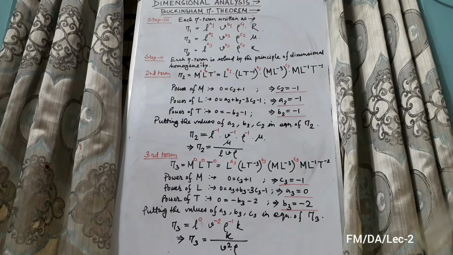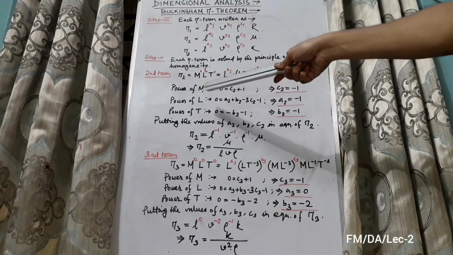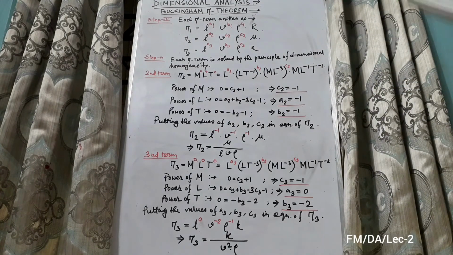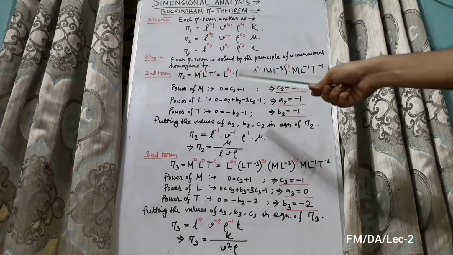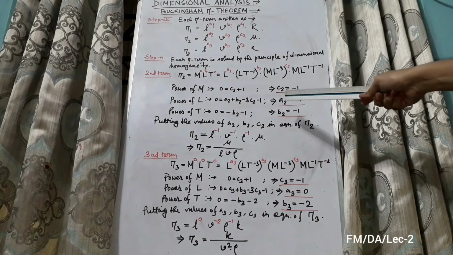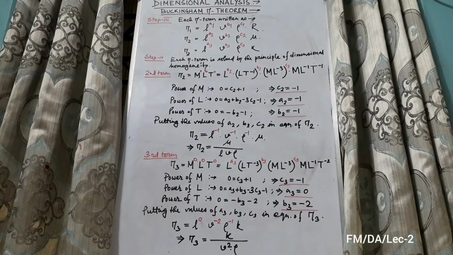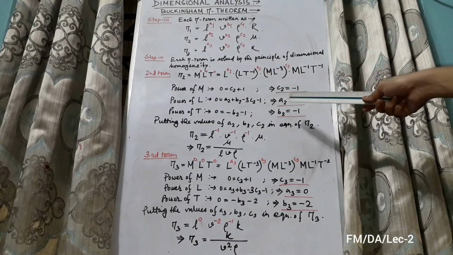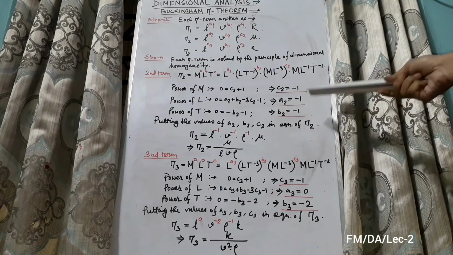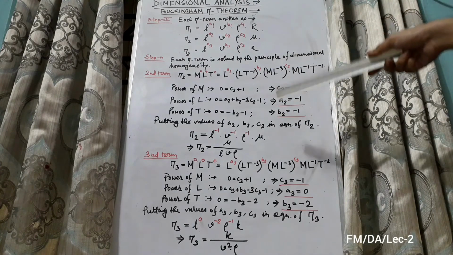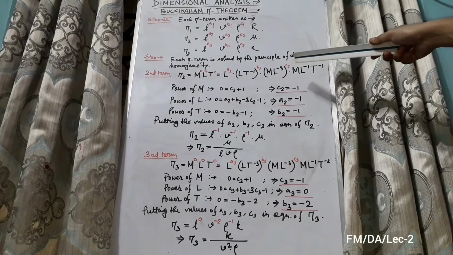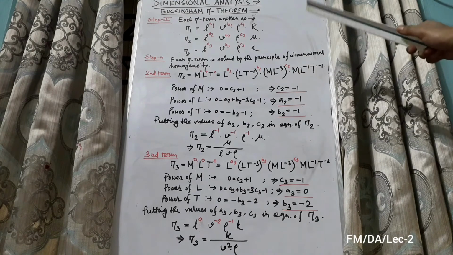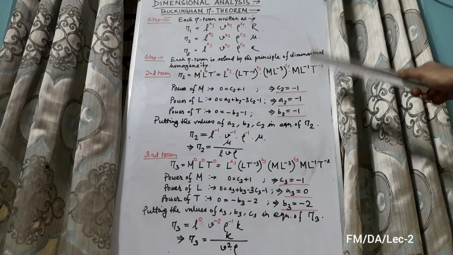In the same way we find the power of L and we get the value of A2 as minus 1, and then from the power of T we get the value of B2, that is minus 1. So we get C2 as minus 1, A2 as minus 1, and B2 also minus 1.